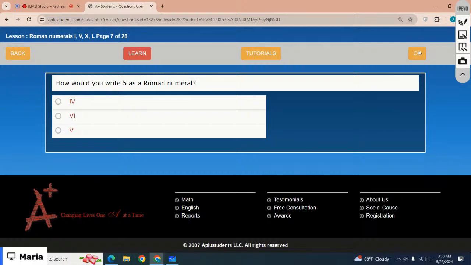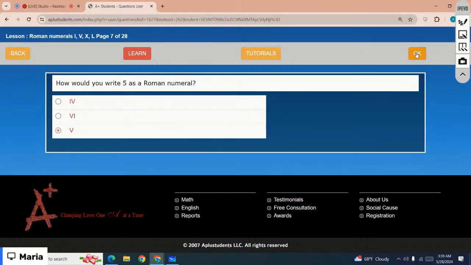How would you write 5 as a Roman numeral? Which is the correct option? The correct option is, no, that's option number 3.